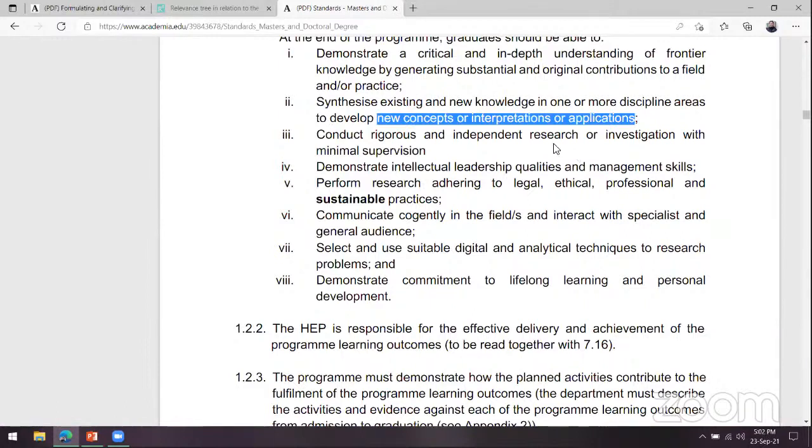You have to conduct rigorous and independent research or investigation with minimal supervision. This is also quite similar to a master's. So as adult learners, master's or PhD, or even undergraduates near your final year, always expect minimal supervision.